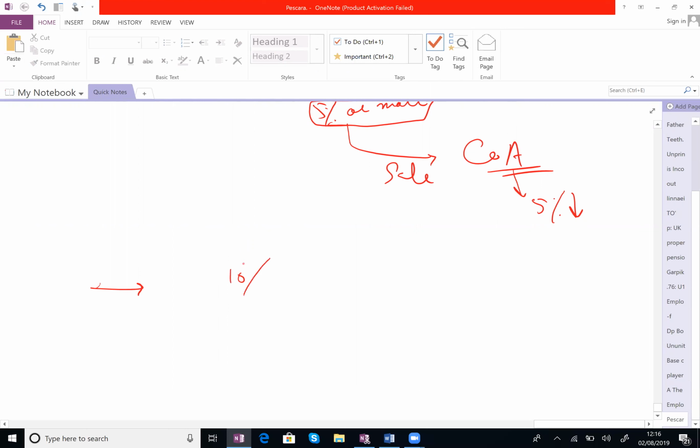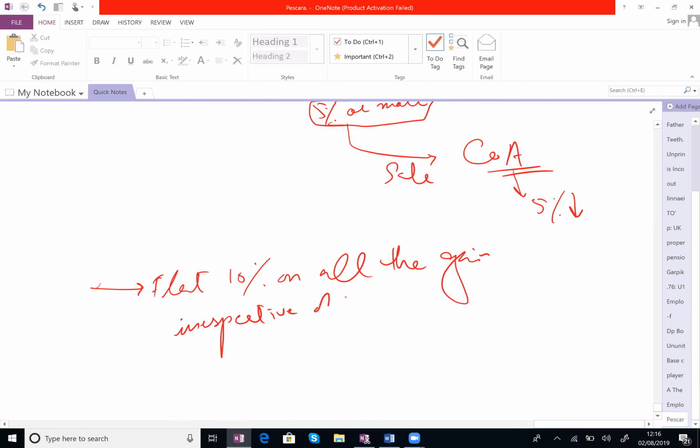Next point: entrepreneur relief is available at a flat rate of 10% on all the gains, irrespective of bands. Irrespective of band means whether you are in the higher band or additional band, you will apply the flat 10% rate.